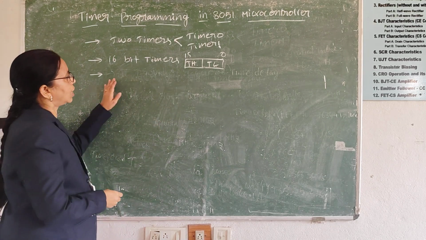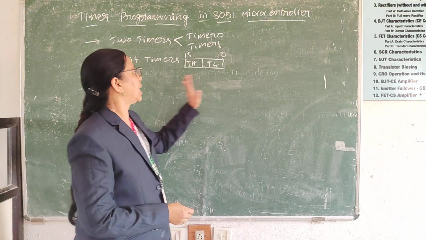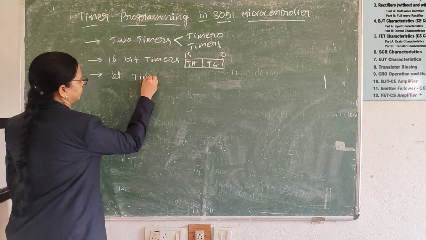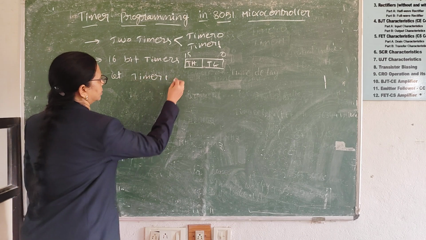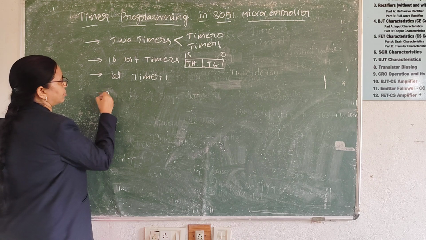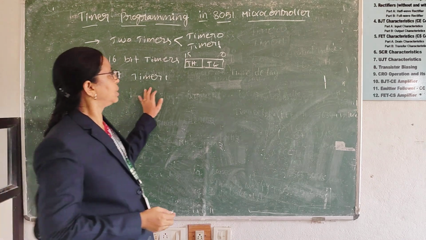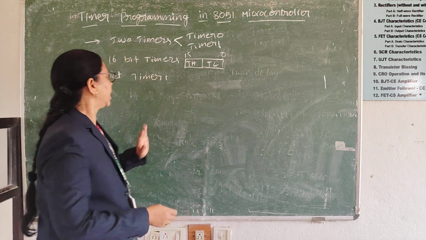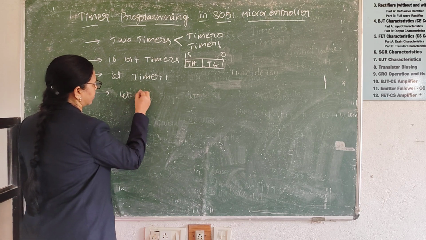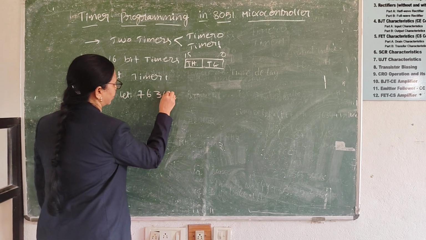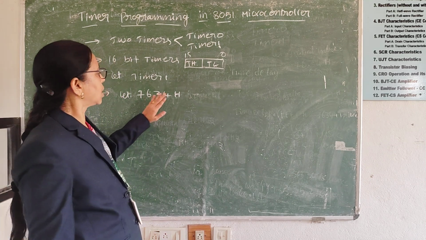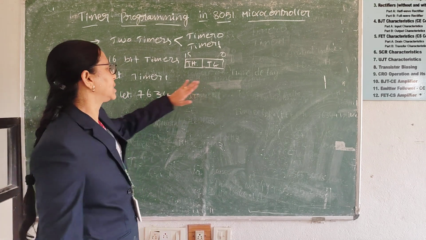First of all, we have to select one of the timer registers. Let me take timer 1. The timer 1 register can be loaded with the required initial value, let's say 7634H. From this value the timer starts counting and reaches the maximum value.